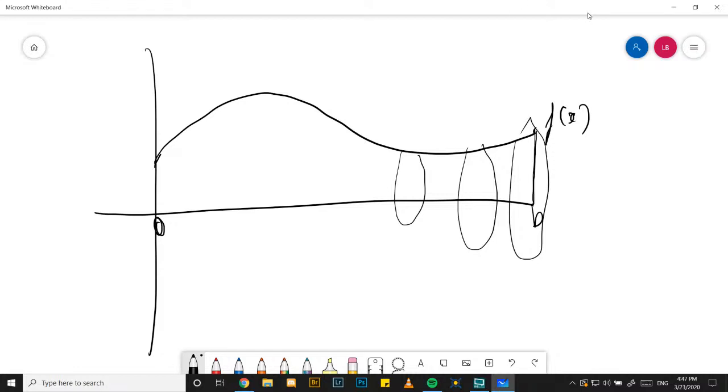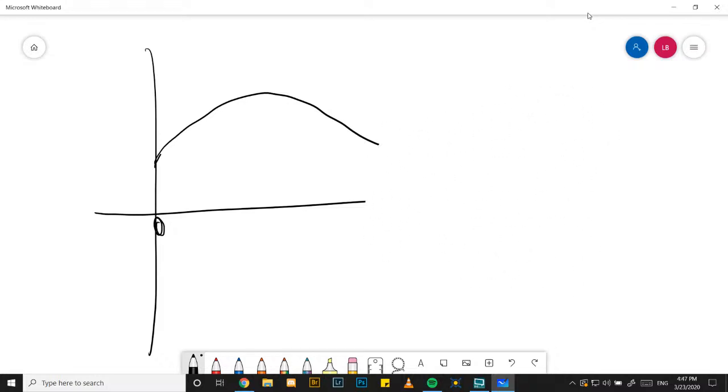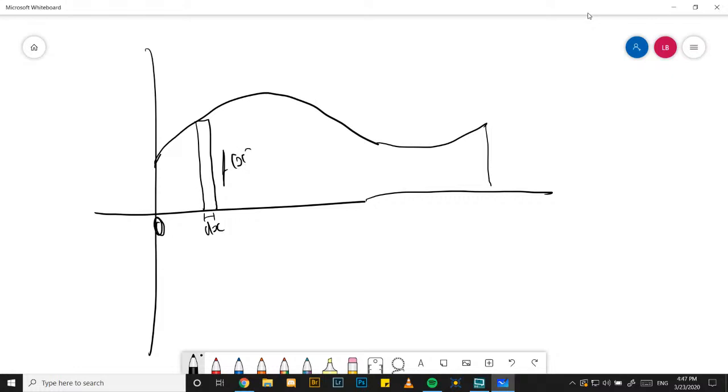How we do this is by looking at each individual point. Let's appeal to the definition we used earlier with summing up several small things. Let's look at some individual point right over here, which has width dx and some height f of x, and let's sweep this out.